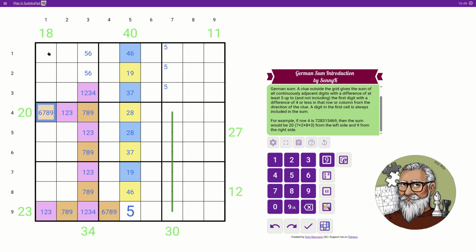Okay, the 18. 18 is a minimum of 2, but can it intersect here with 4? Then we'd have too high. Too high are a minimum of, no, this could be 6. So they're a minimum of 13. Yeah, then that can work. So it's a minimum of 3 or 4.